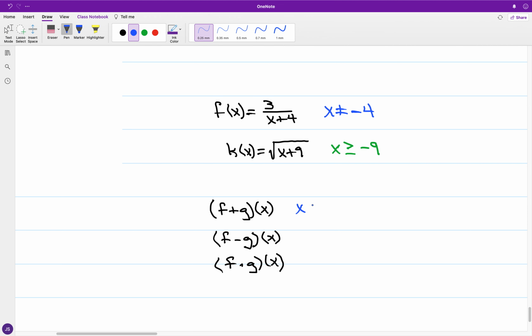So we have x cannot be negative 4, and also to be able to work with k of x, not g of x, but k of x, you have x is greater than or equal to negative 9.